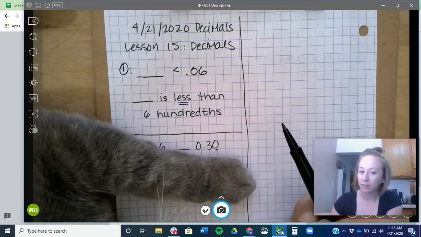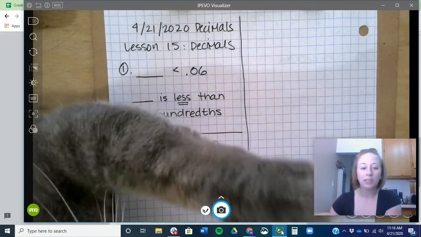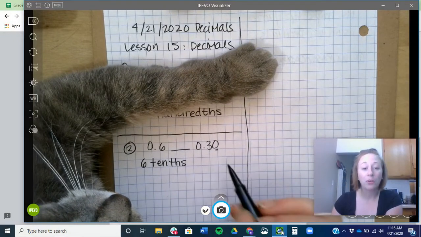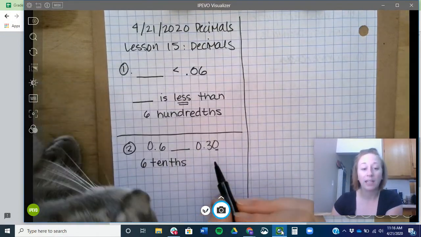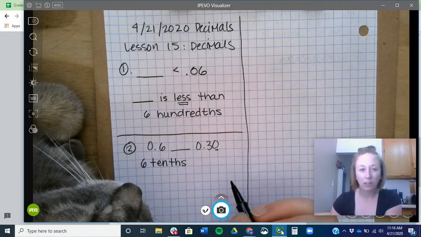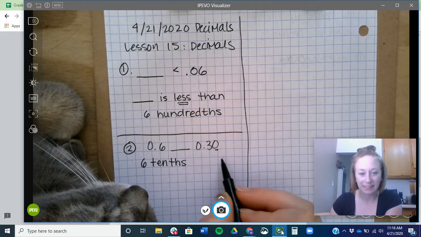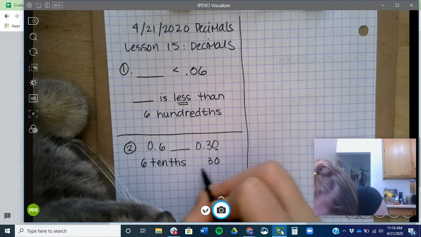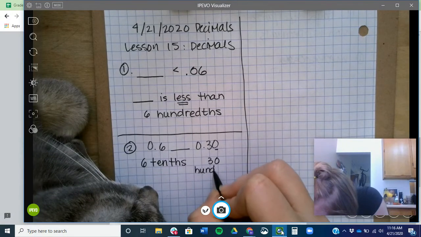So you could say 30 hundredths, or you could actually say 3 tenths. Let's go ahead and write the value as is. 30 hundredths.